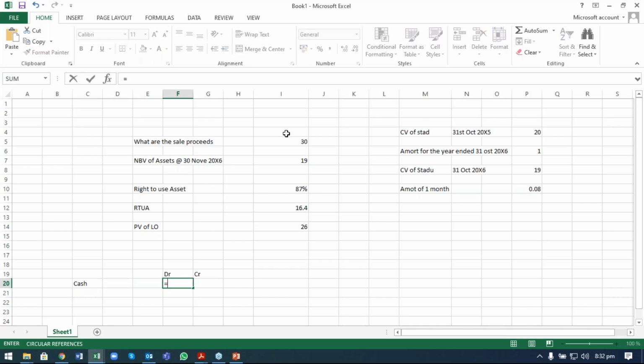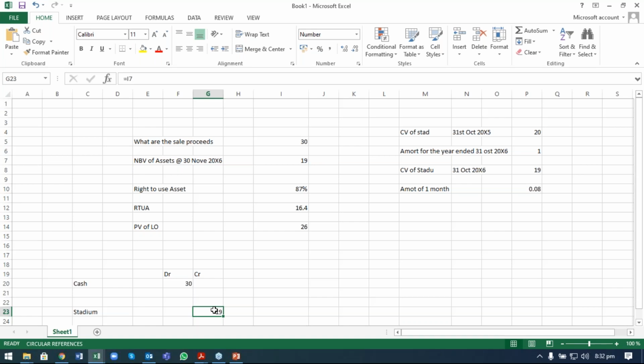How much cash have you received? You have received 30 million. Against this cash, you have disposed of your asset, which is the stadium. And what is the carrying value of the asset that you have disposed of? Its value is 19 million. So this is the debit entry and this is the credit entry.